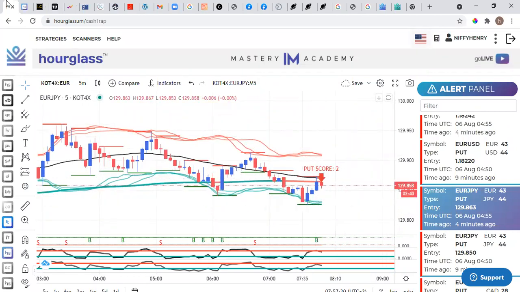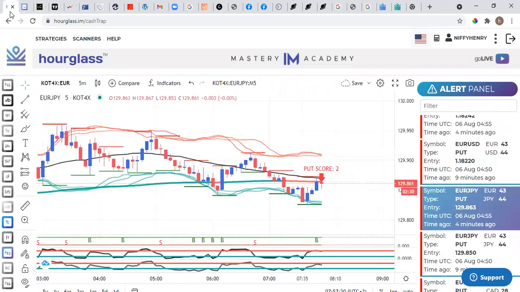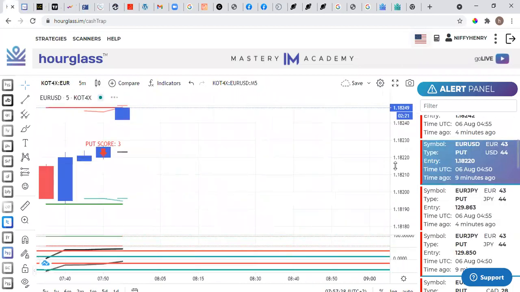Am I on the same currency? I'm seeing different. Okay, this is Euro JPY. Sorry, this is Euro JPY. I actually noticed that it's not really the same.